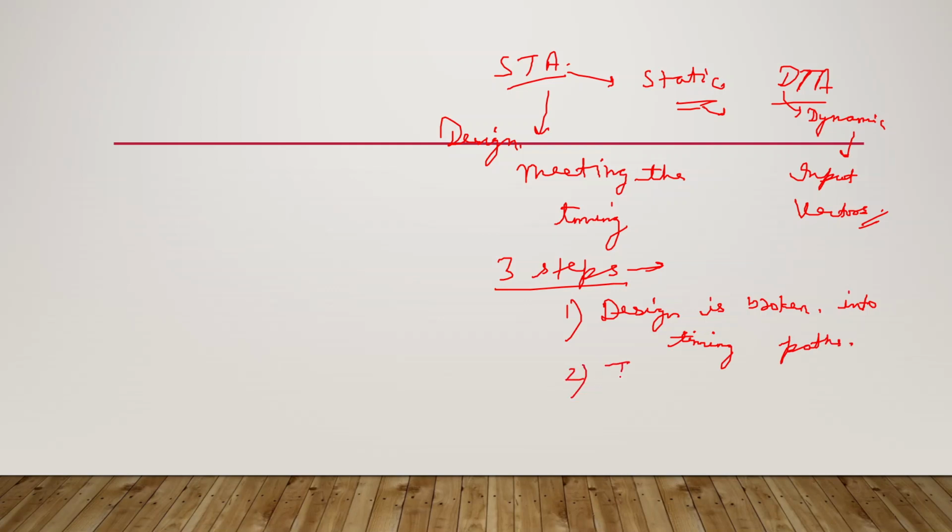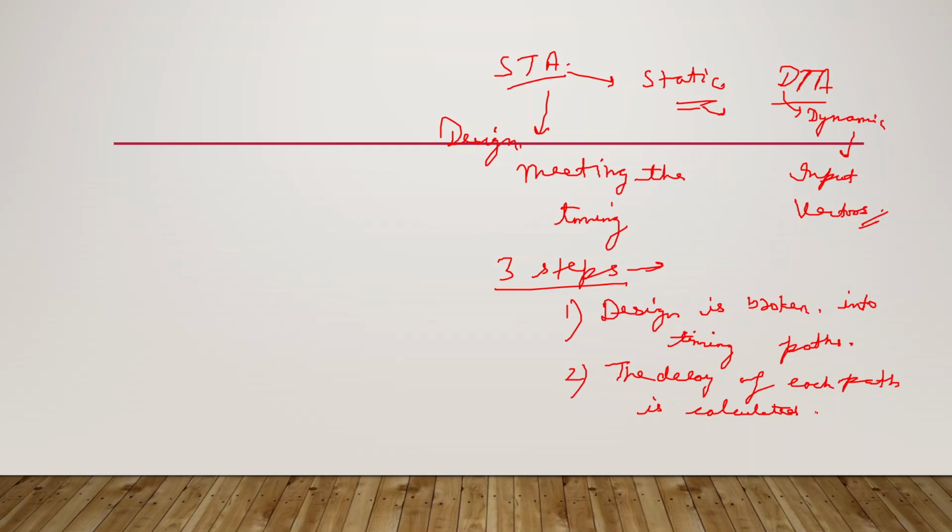Then the delay of each path is calculated. So you are understanding how the STA flow is going to look. There are generally 3 steps for calculating the STA. First, we break a design into timing paths. The next step is that the delay of each path is calculated.